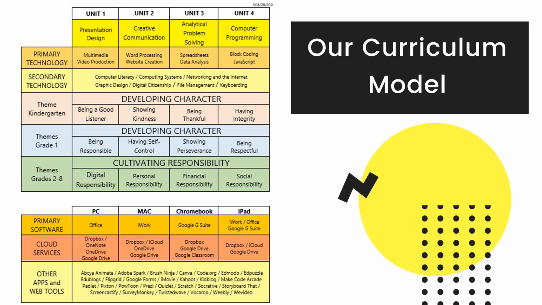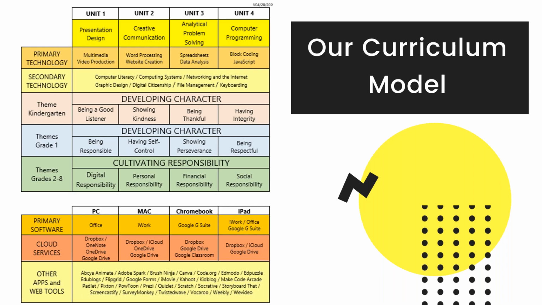What really sets this curriculum apart, as I previously said, is character development. The projects are overtly talking and discussing how to be of good character. For TK and Kinders, the projects revolve around being a good listener, showing kindness, being thankful, having integrity.